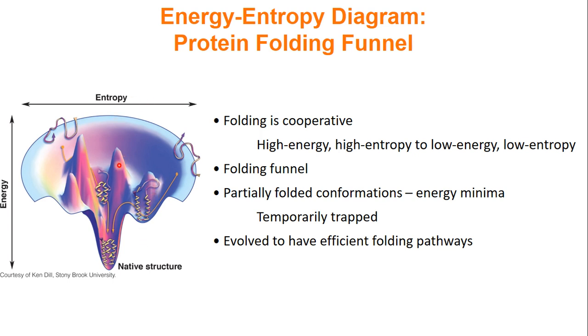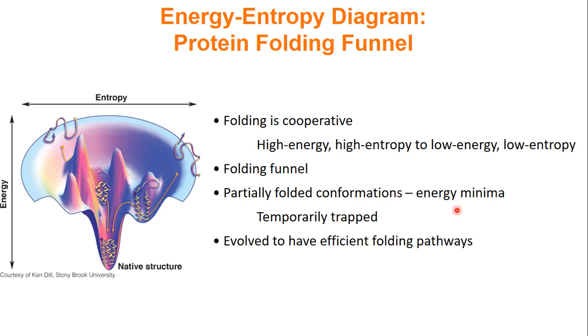And you can see in the folding funnel we have some hills here. These are called local minima. A protein can reach this minimum, and then it's in a good energy conformation, but not the best energy conformation it can be in. So to get to the best, you have to go over this hill. You have to put in some energy to break whatever favorable interactions you have.